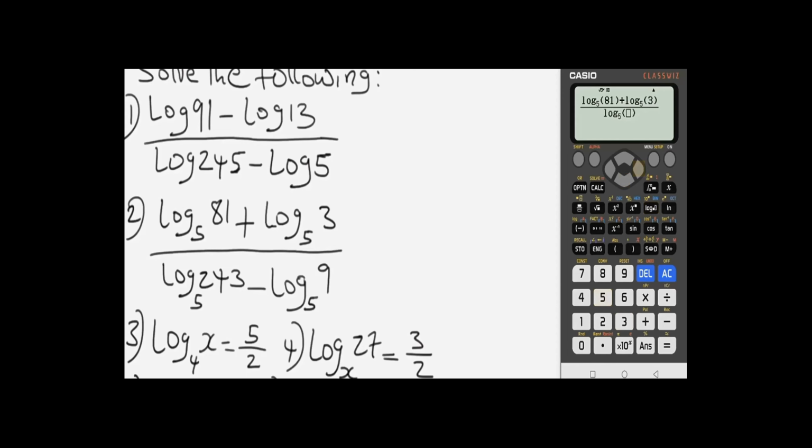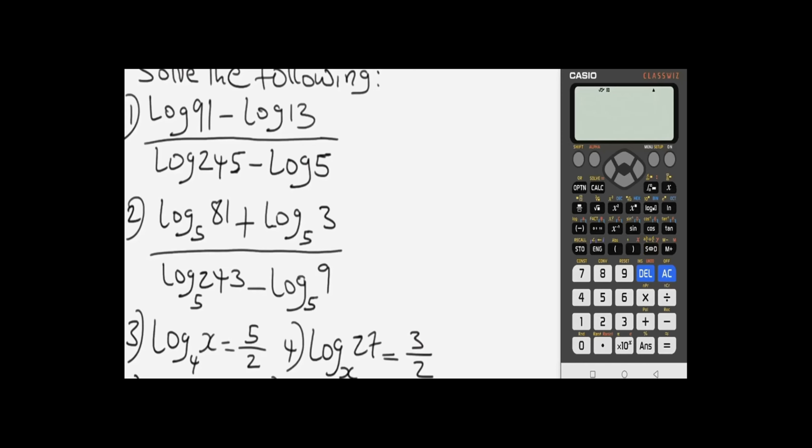Here we have 243. Alright, minus log base 5. Here we have 9. So that's what we have here, guys. Let's press equal to see the output. So 5/3 is the answer to this question. To put this in decimal, press SD. Okay, so that's it. Let's remove this now.